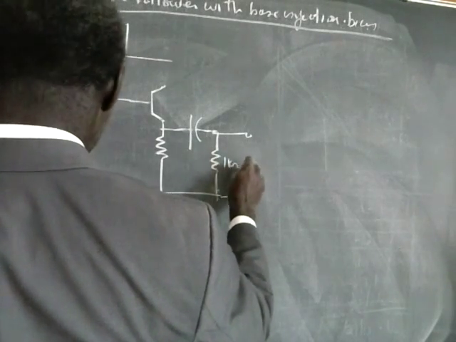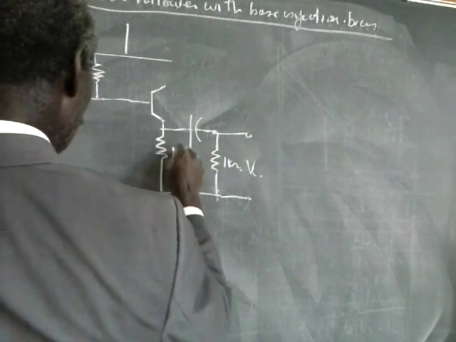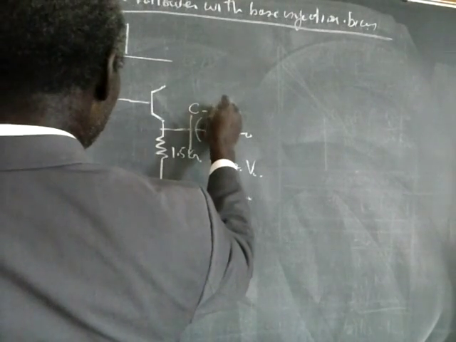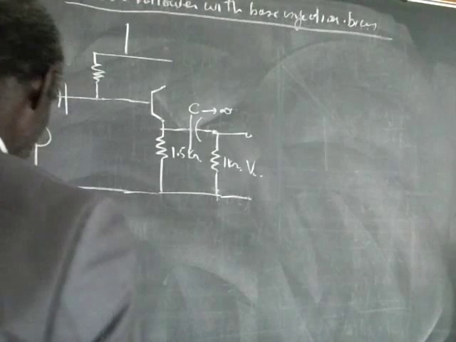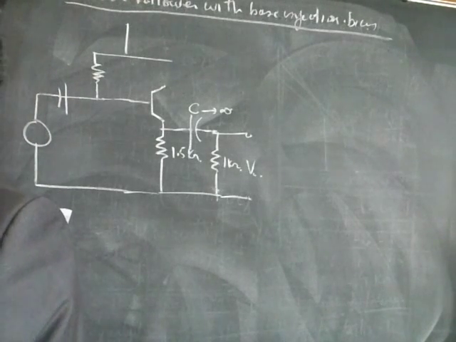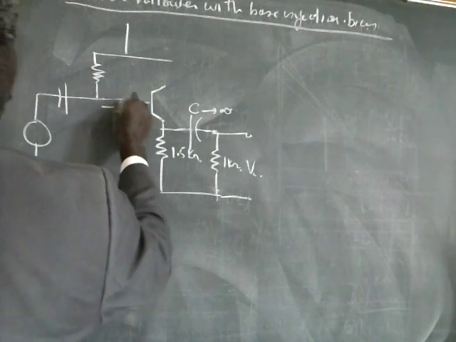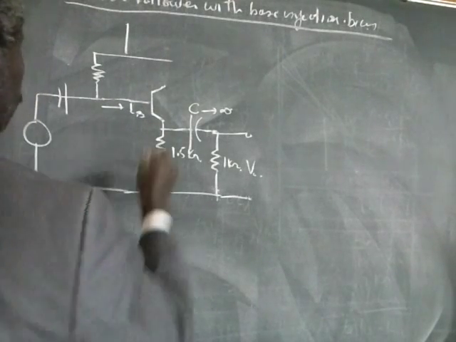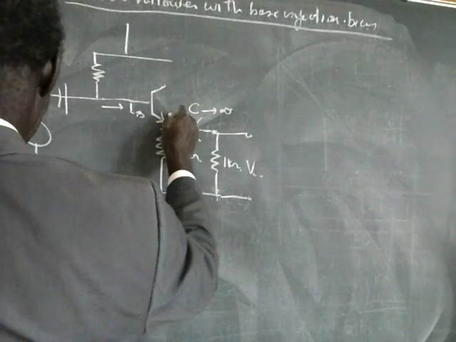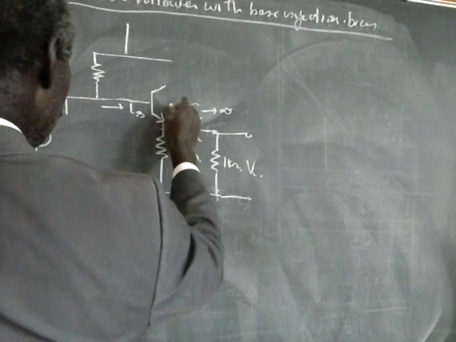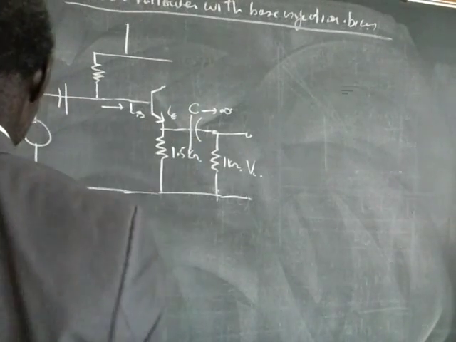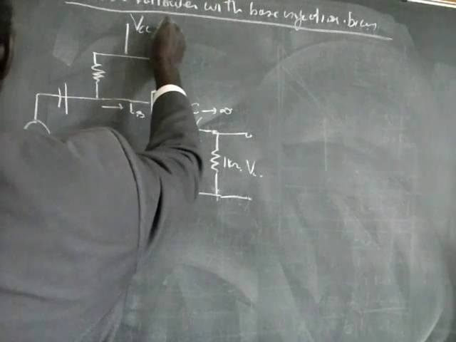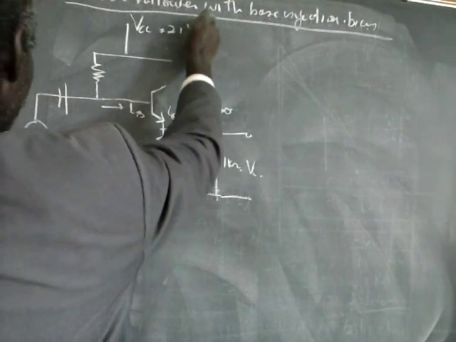Kilo ohms there, 1.5 kilo ohms. And base and emitter, and VCC equals 20 volts.